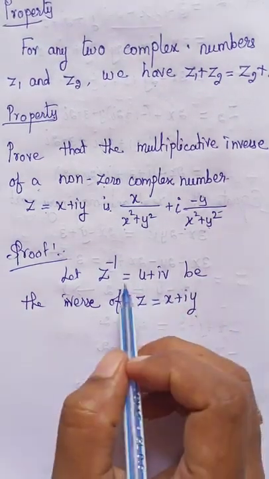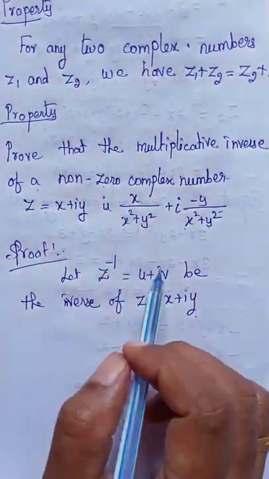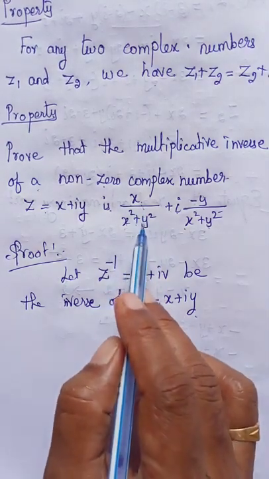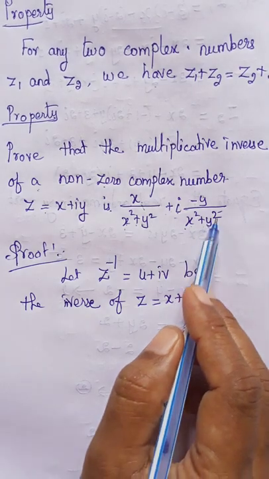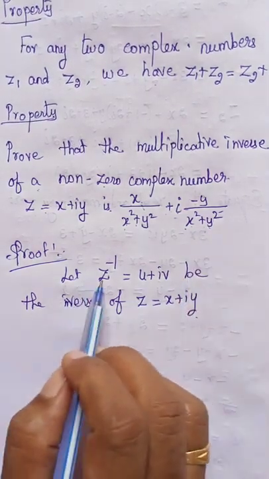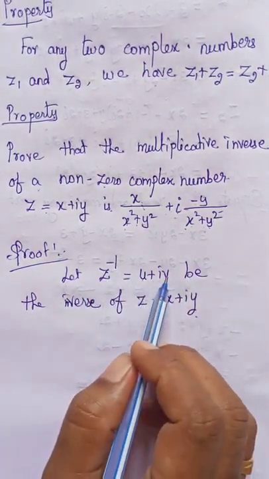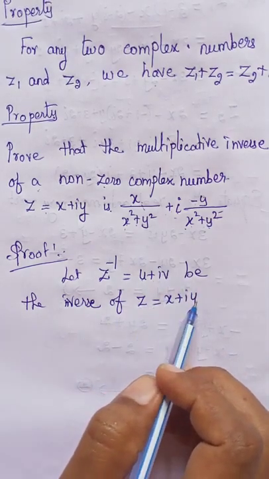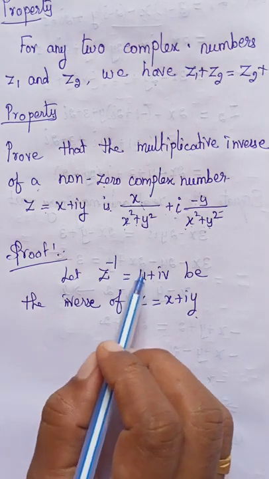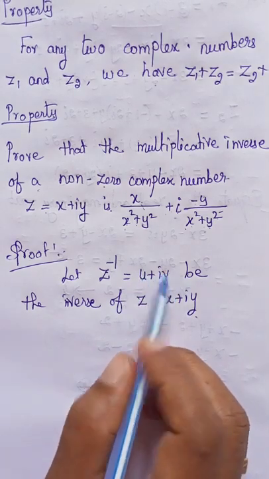We have taken, we don't know, no? Now we should prove z inverse is equal to x by x square plus y square plus i into minus y by x square plus y square. Okay, so I have taken let z inverse is equal to u plus iv be the inverse of z equal to x plus iy. Now we need to find out what is u and what is v.